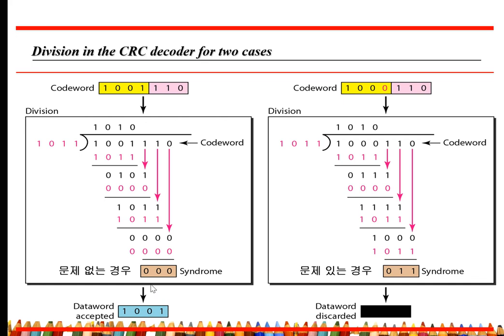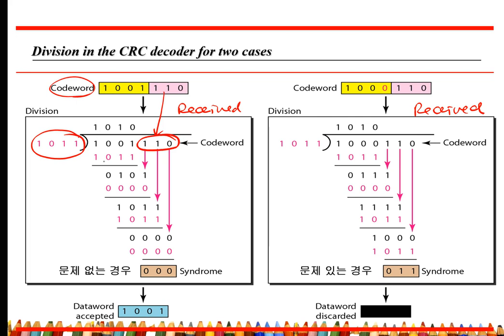So what happens if we now receive the code word? Here we received it, and we use the same divisor 1011 with the received 1001 code, and we put the remainder here too. Okay, 1001 and 110. First we divide it by 1011.